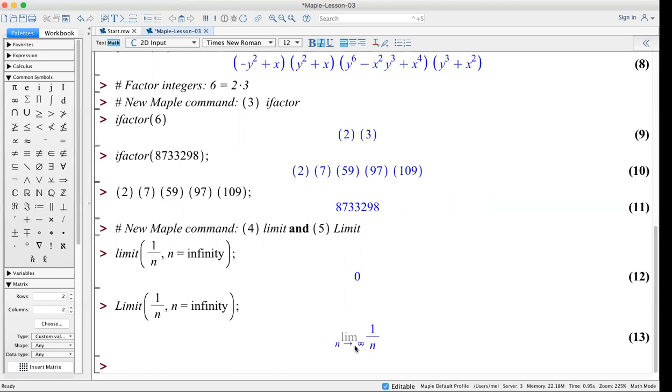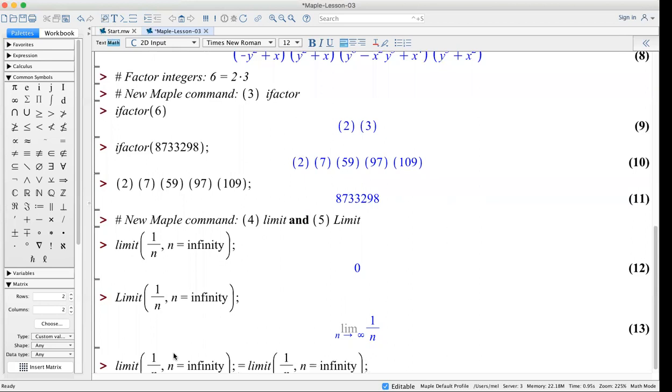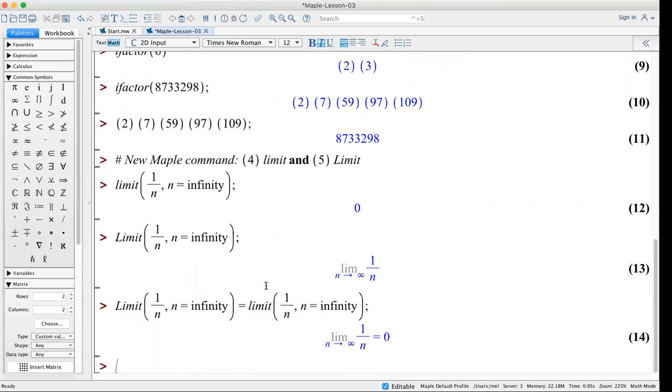This means find the limit as n goes to infinity of 1 over n. And what is extremely useful is to be able to put these two things together. So if I write limit with a capital L equals limit with a lowercase l, I get on the left-hand side the statement of the problem, and on the right-hand side, the answer.